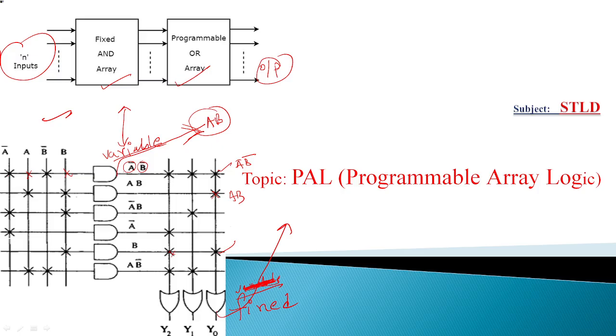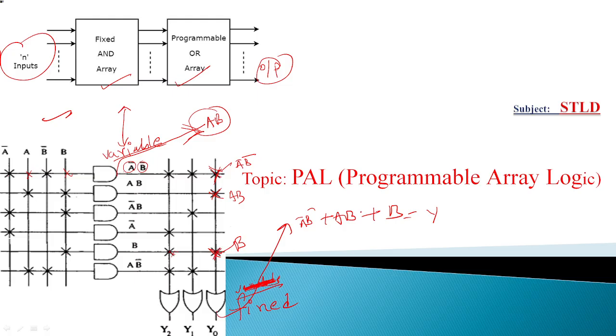So the OR array output is Y0 equals A bar B bar plus AB plus A B bar plus B. So this is fixed. Once you have designed, this point is fixed, this point is fixed, this point is fixed.